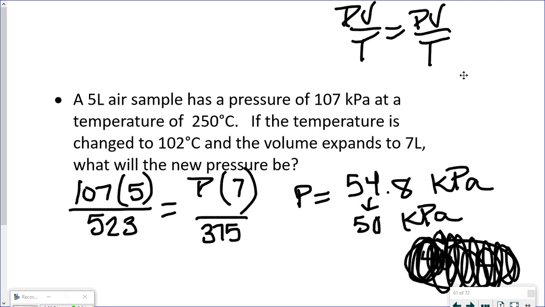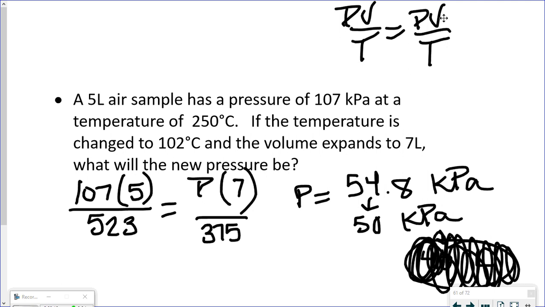So if you're not given any temperatures, ignore temperature, and you're left with Boyle's law, that P times V equals P times V. If you're not given pressures, ignore that unit, and you have V over T equals V over T for Charles's law. If you're not given any volumes, ignore it, and you have P over T equals P over T to make up Gay-Lussac's law.